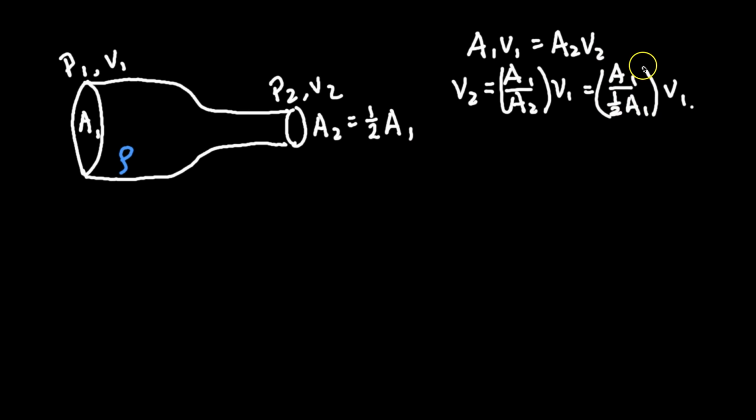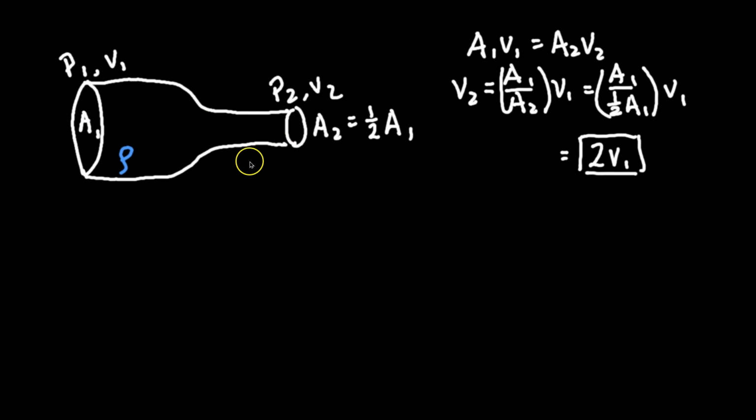So we end up with 1 over 1 half times V1. Whenever you have 1 over a fraction, like 1 over 2, we take the top times the reciprocal of the bottom. And so the reciprocal of 1 over 2 is 2 over 1. So we get 2V1.